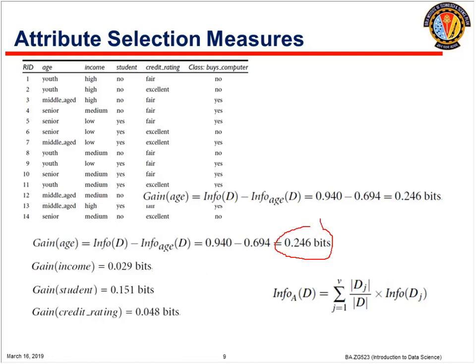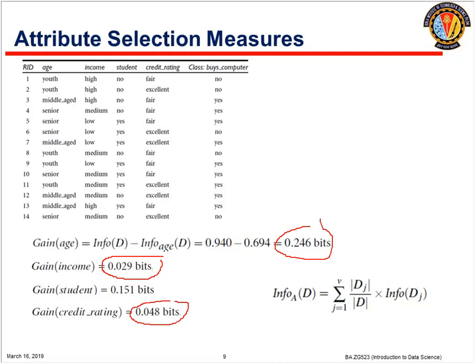In this case, the gain is maximum for age. Out of these, maximum gain is achieved when you use age to split. That is, 0.246 is the maximum out of the 4 attributes, so you will select age to split.